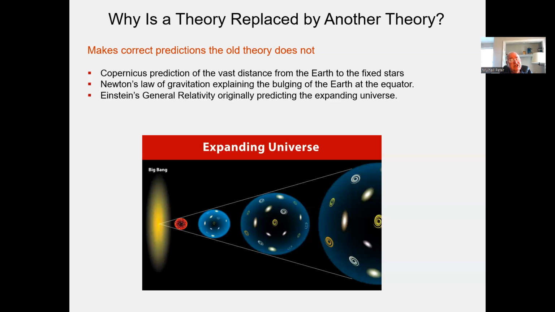And finally, Einstein's general relativity originally predicted the expanding universe. I say originally because of the famous story that it was thought by Einstein and everyone else, from the time of the Greeks, that the universe was more or less constant, more or less fixed, more or less always the way it always has been. This held right up through the beginning of the 20th century.